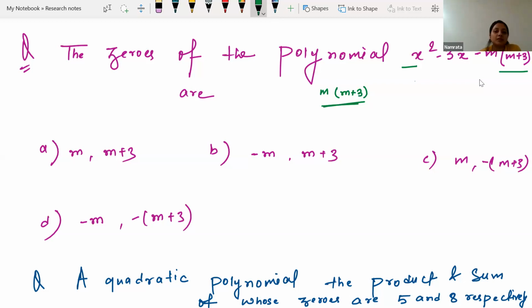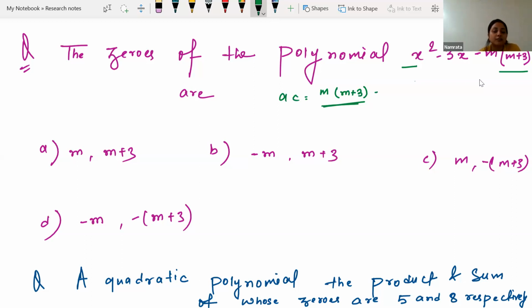If we see this AC, m times m plus 3, it is already in factorized form. Yes or no?